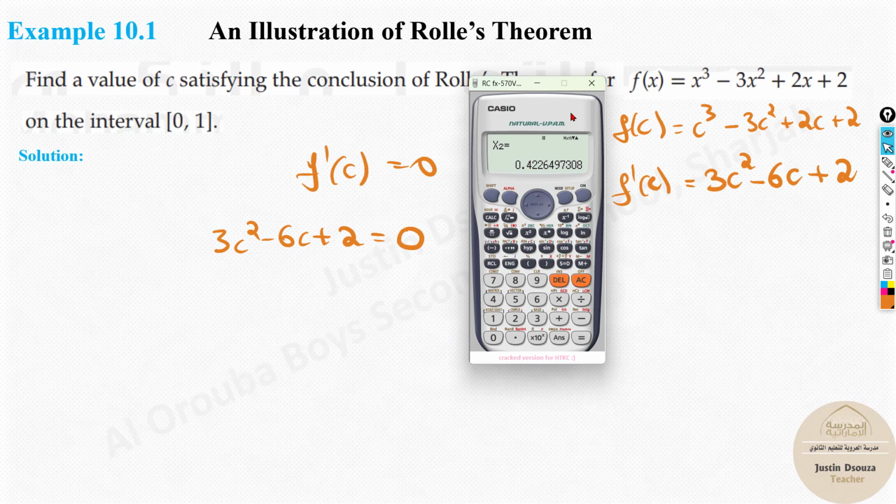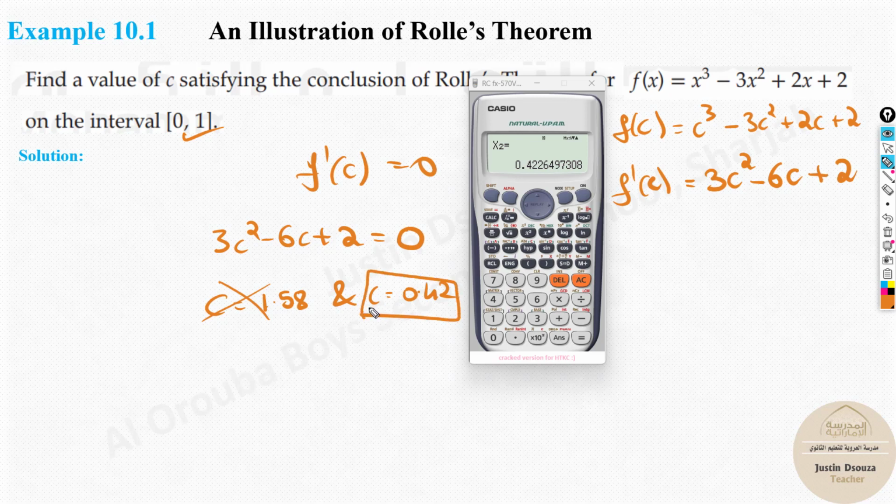Now here we got two values. Let me write them down. The c values correspond to 1.58 and 0.42. Are they both in this interval? 1.58 is not in the interval, so it is not required. But 0.42 is in the interval, so this is the c value.